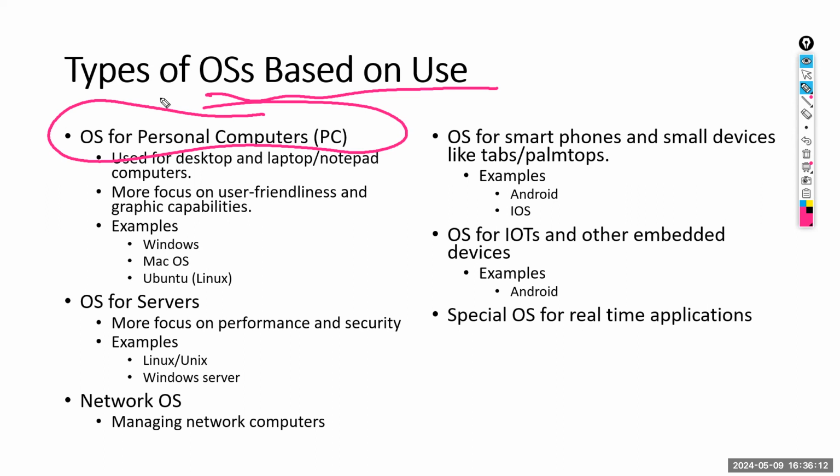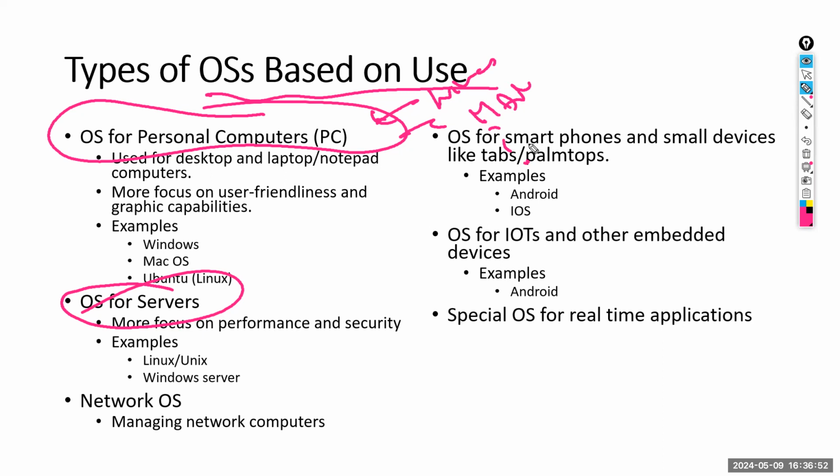But there are some operating systems targeting servers. Basically, servers are nothing but high-end computers with higher time slots, higher response, and so on. Okay, right. For personal computers, the very famous operating systems are Windows, Apple Mac, even Ubuntu, which is a Linux operating system.